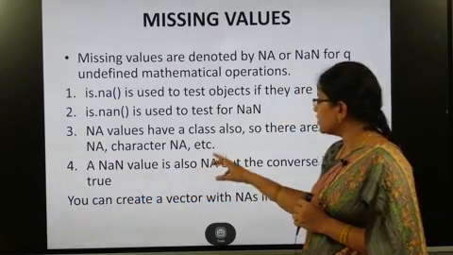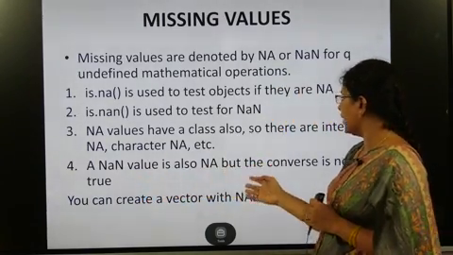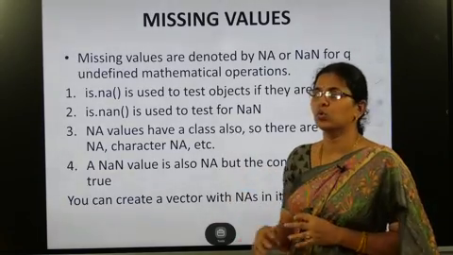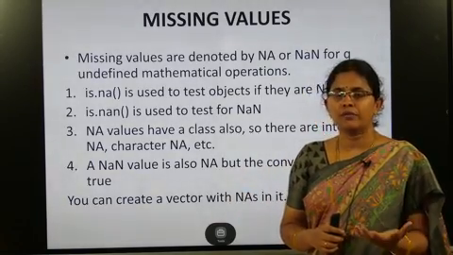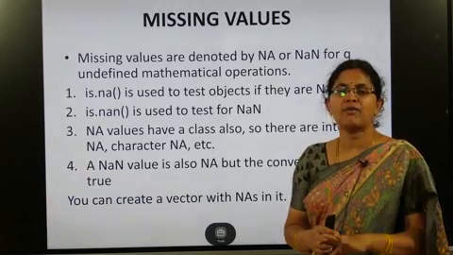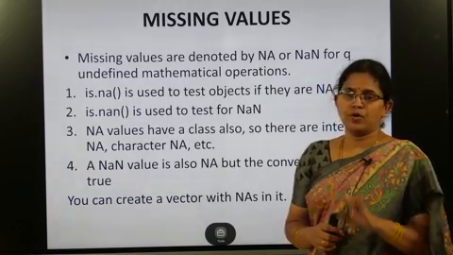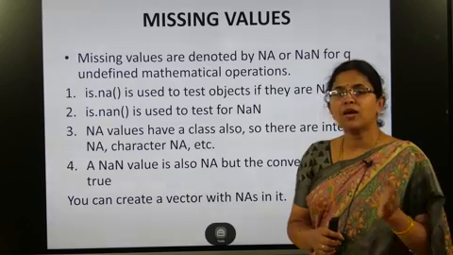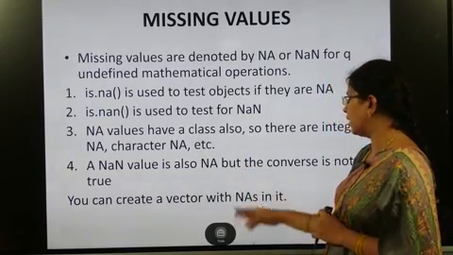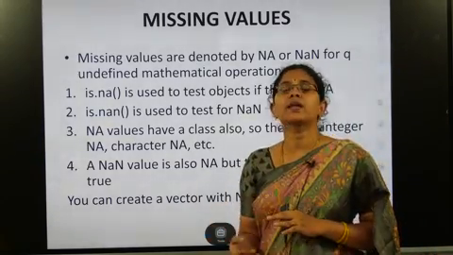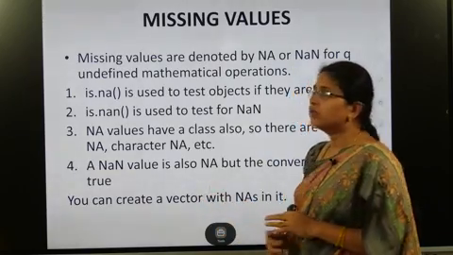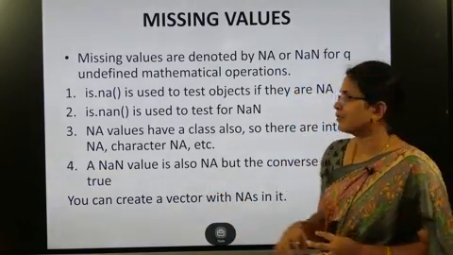A NaN value is also an NA, but the converse is not true. It means you cannot convert an NA into a NaN, but a NaN value can be treated as an NA value, and you can also create a vector with missing values.